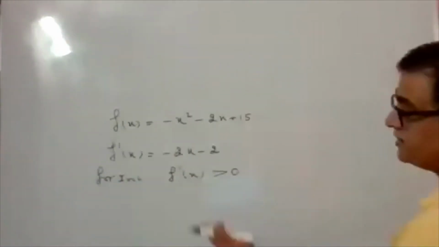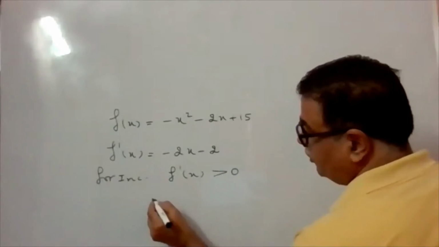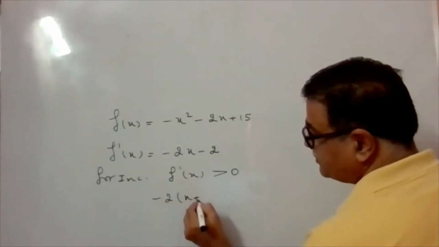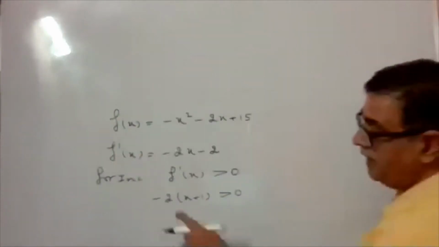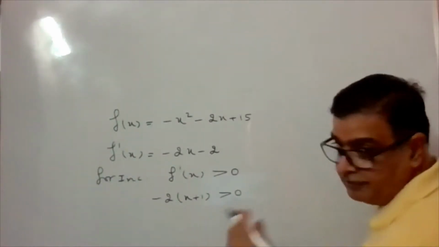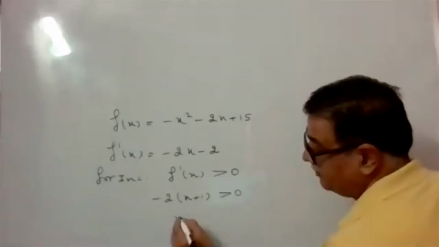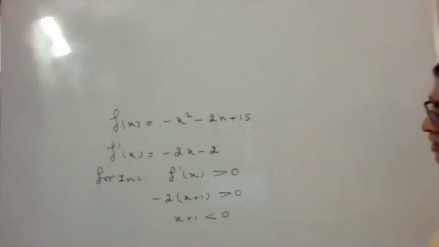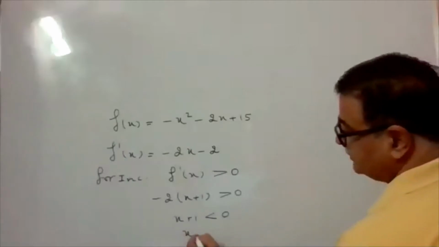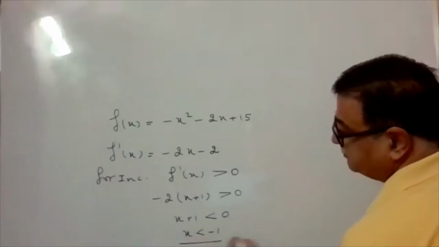So minus 2 times (x plus 1) is greater than 0. If you divide by minus 2, it will reverse, so x plus 1 is less than 0, or x is less than minus 1.